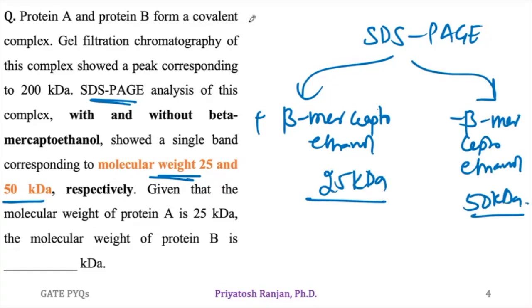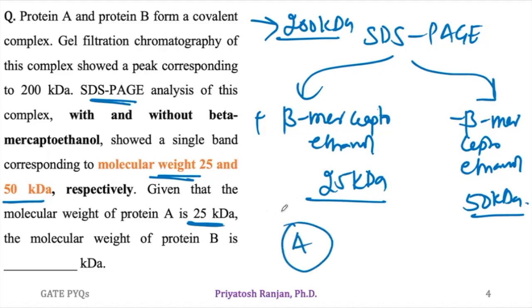The reason being, if I'm getting 200 kilodalton with size exclusion, and with beta-mercaptoethanol a single band of 25 kilodalton, and the information is already there that the molecular weight of A is 25 kilodalton, that means protein A is covalently bound with protein B with the help of a disulfide bond.